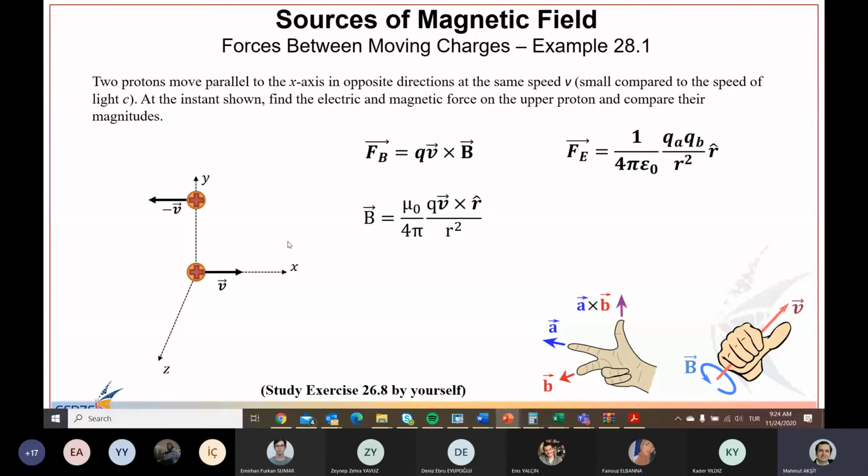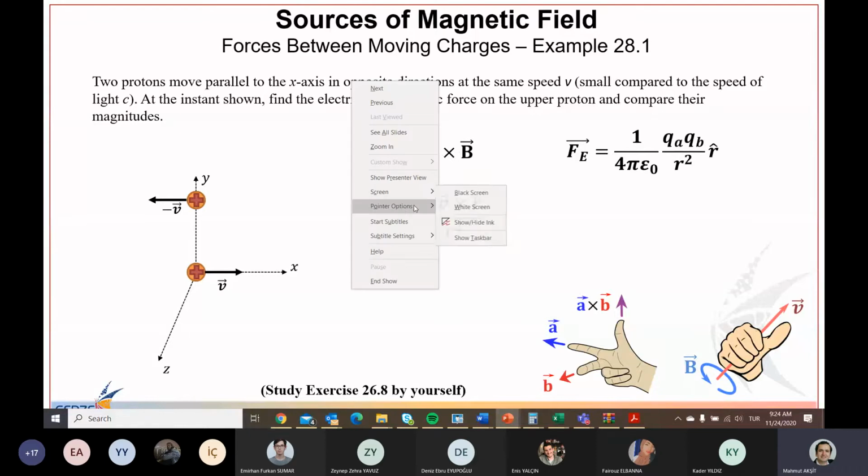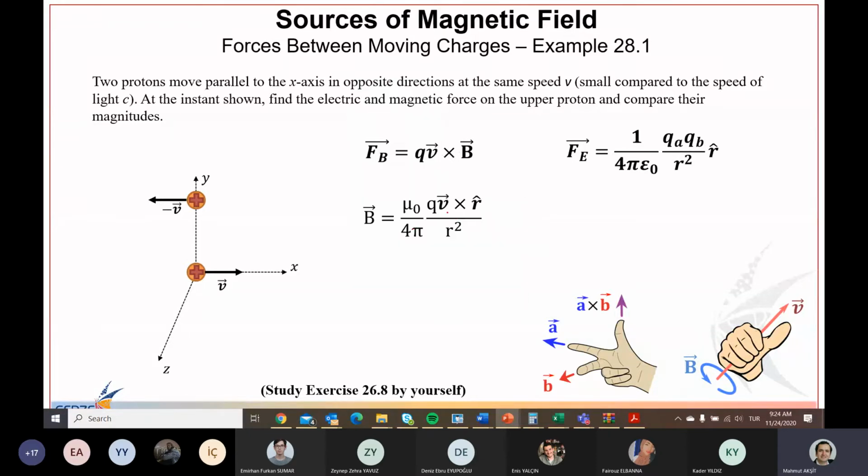Okay, let's use some pointers here. So let's talk about the magnetic field that will be generated. The velocity vector is here. The r vector is pointing up. So the magnetic field will be towards you guys.